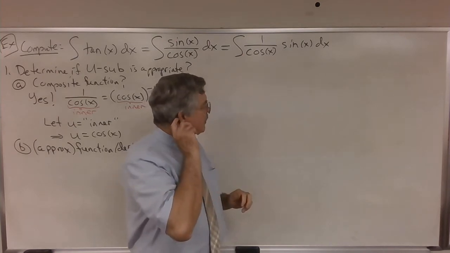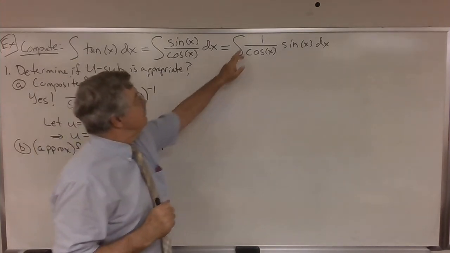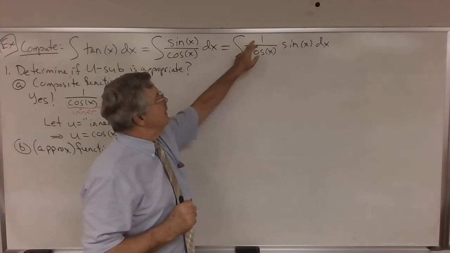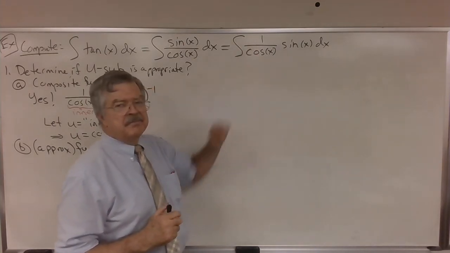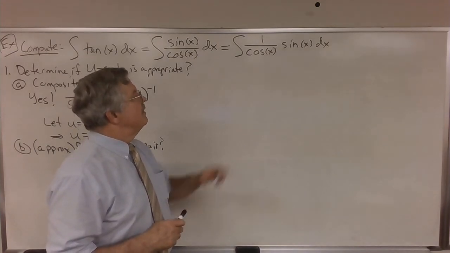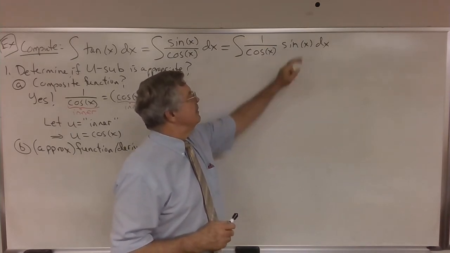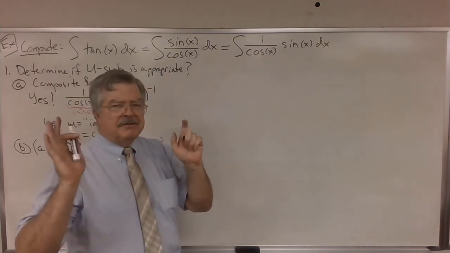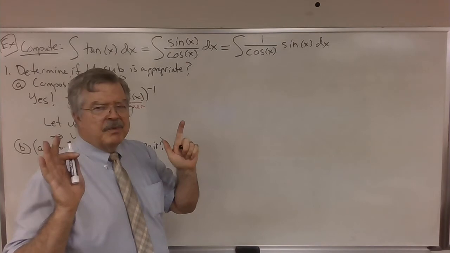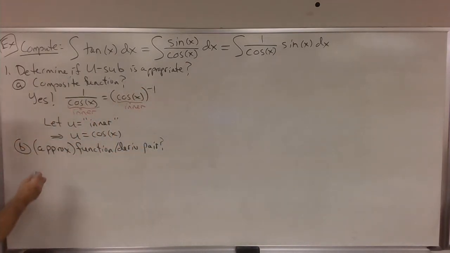The way things work out, if the first part is 1 over the function, then it's going to turn out that this is going to be the function that's going to be the derivative. But let's do it both ways, just so that we can see where the tiebreaker comes in. We'll say, yes, we have an approximate function derivative pair.